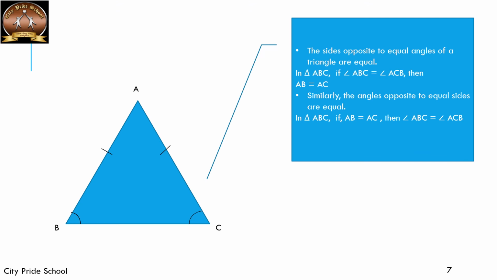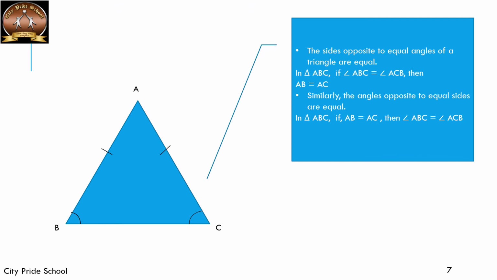I repeat, the sides opposite to equal angles of a triangle are equal. That means if angle ABC is equal to angle ACB, then side AB is equal to side AC. Similarly, the vice versa is also true.